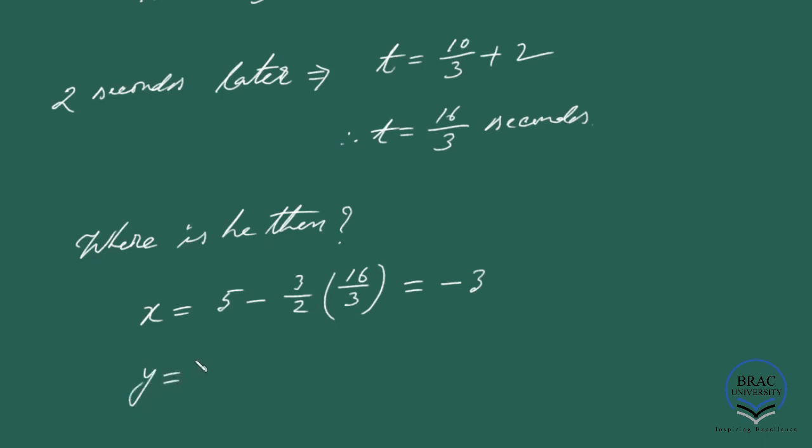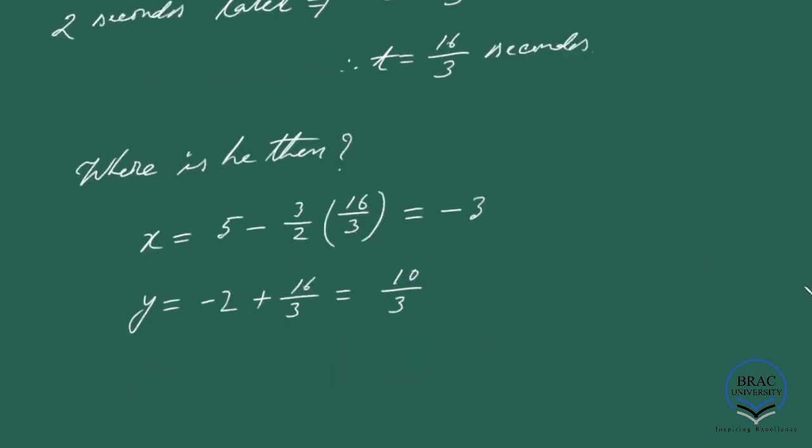And the y-coordinate of Rupam is negative 2 plus t. So the time t is 16 over 3, and that gives me 10 over 3. That is the location where Rupam is at time t equal to 16 over 3.